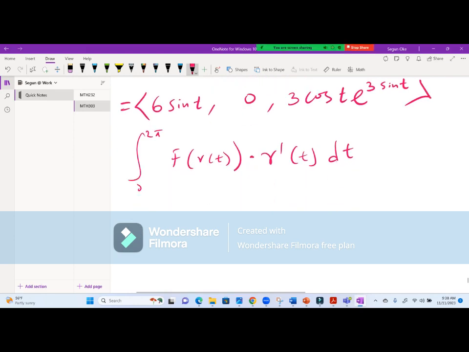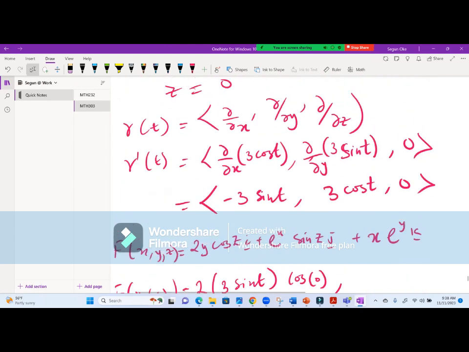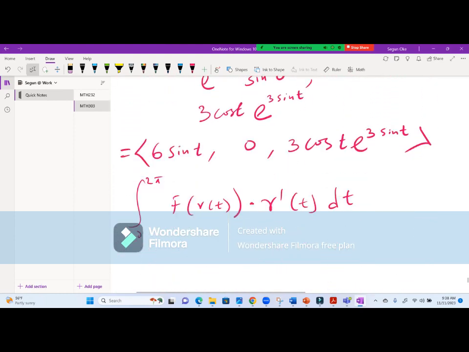Don't forget, it is component by component. This is r prime of t.